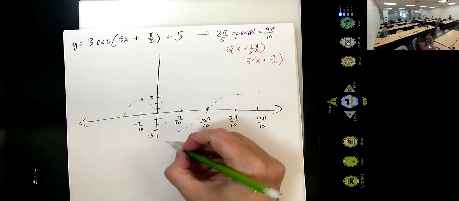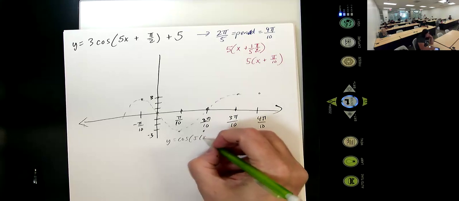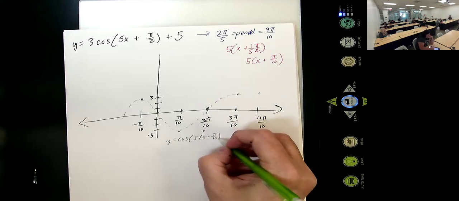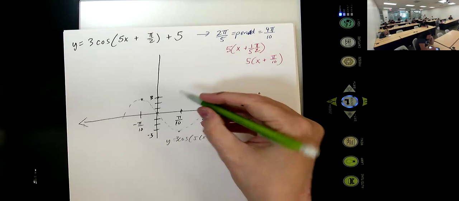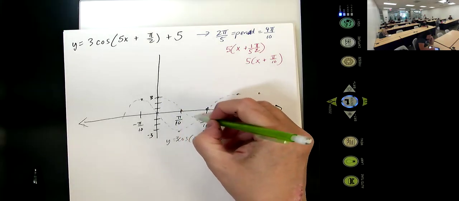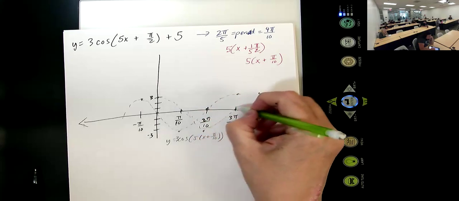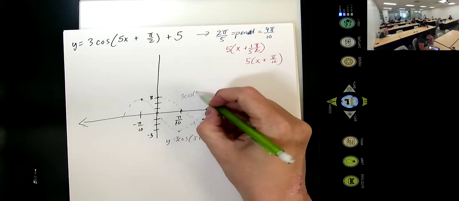So this penciled in graph is cosine of 5 times x plus pi over 10, with a 3 in it. If I had done the original one, it would look like that. This is just 3 cosine of 5x.